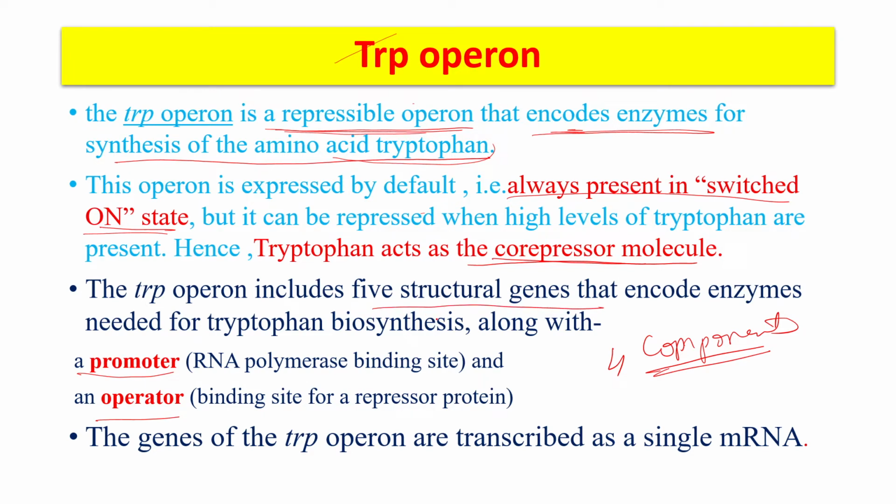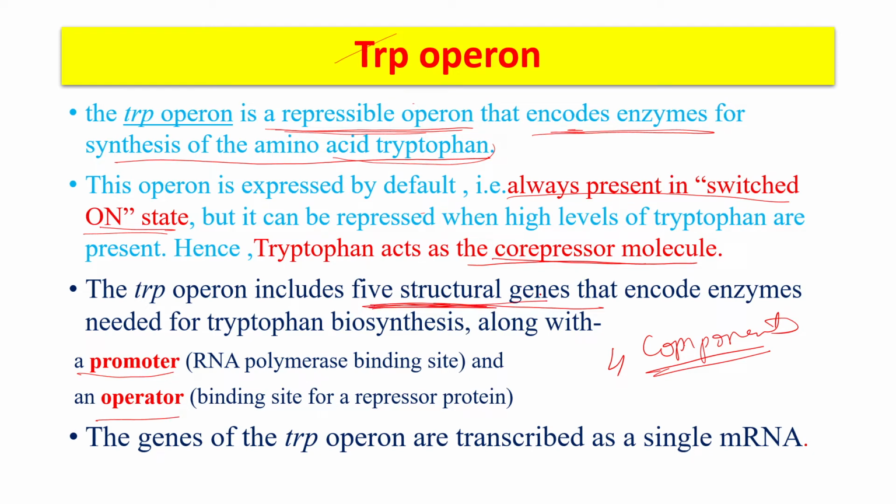Like the lac operon, it is made up of four components, and in this case, structural genes are five genes.